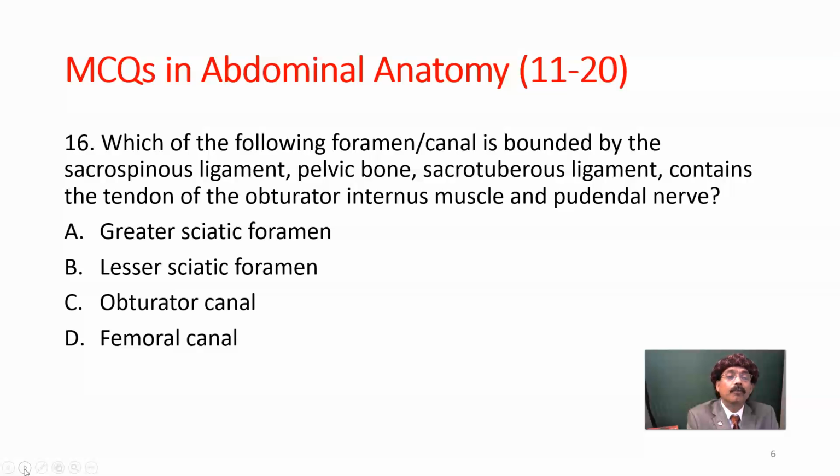Then, which of the following foramen or canal is bounded by the sacrospinous ligament, pelvic bone, and sacrotuberous ligament, and it contains the tendon of the obturator internus muscle and the pudendal nerve? Greater sciatic foramen, lesser sciatic foramen, obturator canal, femoral canal.